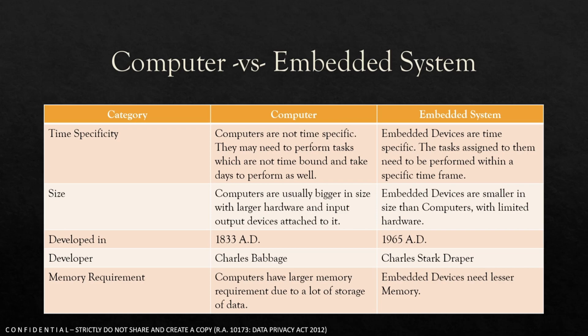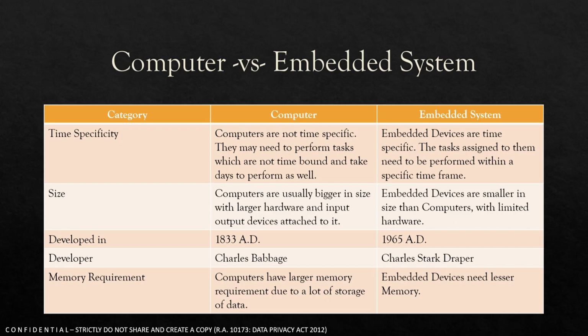For the size, computers are usually bigger in size, with larger hardware and input-output devices attached to them, while embedded devices are smaller in size than computers with limited hardware. So, the computer was developed in 1833 AD, while the embedded system was developed in 1965 AD.